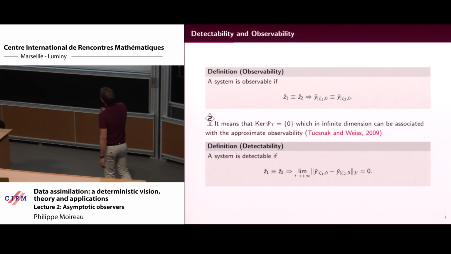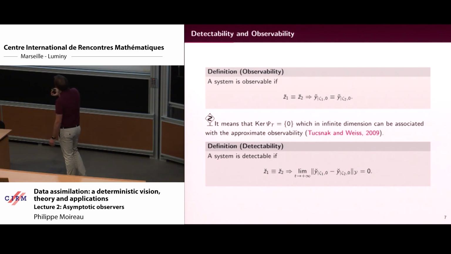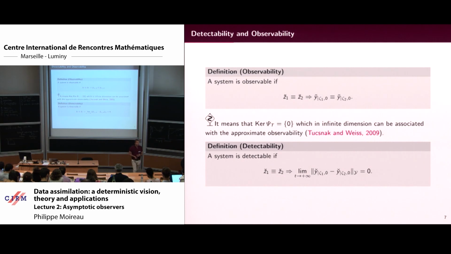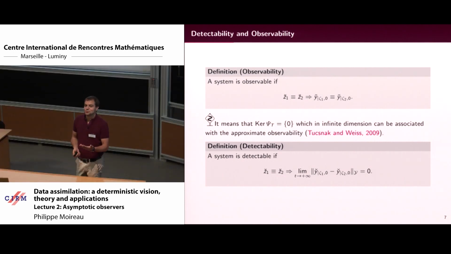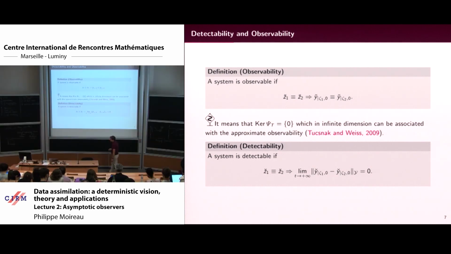You have to be careful in infinite dimension because kernel equal to 0 is maybe not what you want. Maybe what you want is a coercivity result more than just an injectivity result. And so in infinite dimension, it's called approximate observability when you have this result.